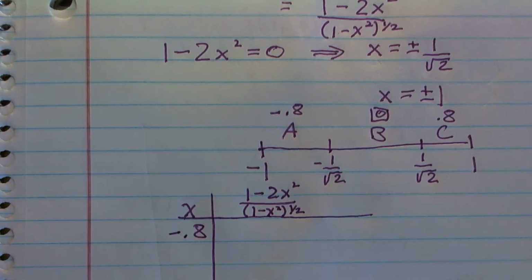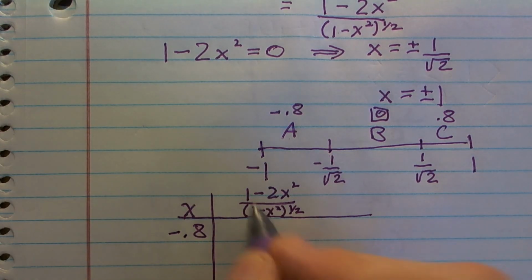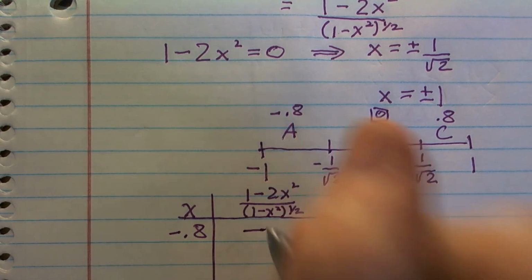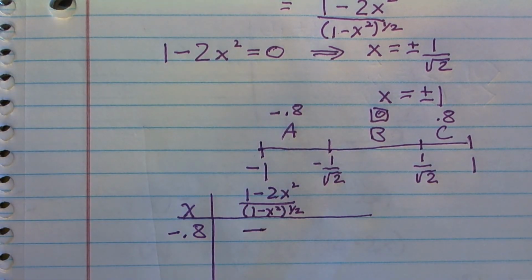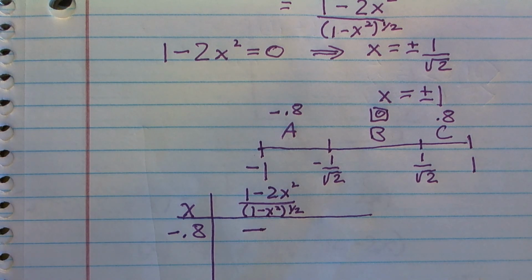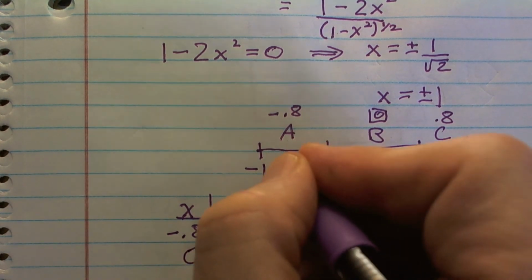If you plug it in, you're going to get a negative. The bottom is always positive, but up here you're going to get a negative. And you can do the computations there. So I get a negative here.